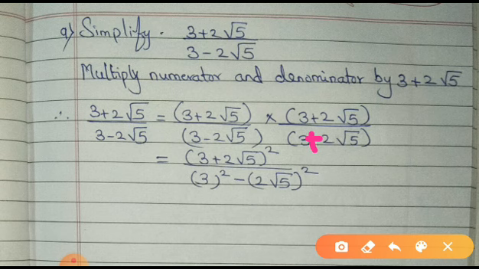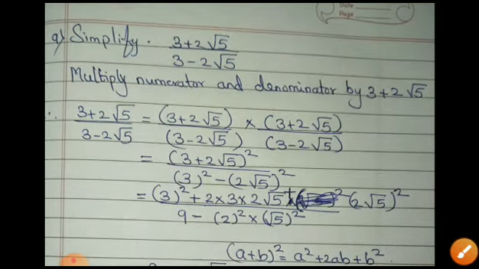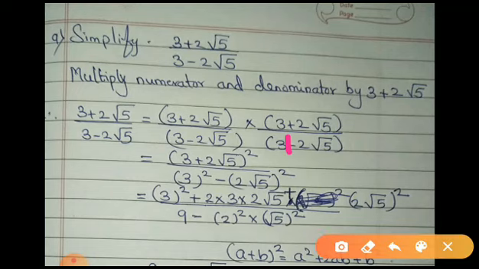Is that clear? So make use of the identity and I'll be having it as what? I'll be having it as 3 square plus 2ab. So 2 into 3 into 2 root 5 plus 2 root 5 the whole square. And denominator again 3 square is 9. 2 root 5 square is what?